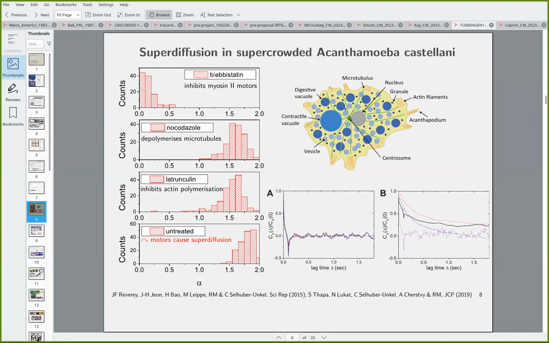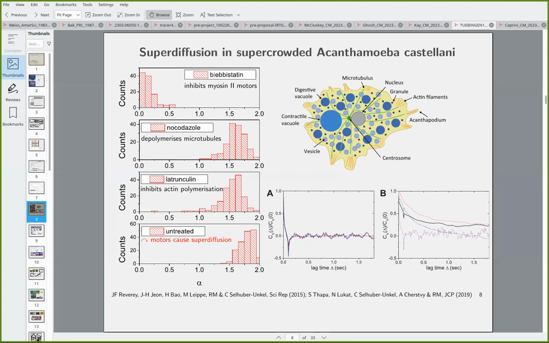Good. Here I have one more example from the experiments. This is from Metzler's lab, and they analyzed several years ago these very complicated amoeba cells, and then they look at the motion of little vesicles in this amoeba cell. I don't show films, but if you watch these experimental recordings and you look at the cells from the top, they're swirling. It's really shuffling everything inside in a circular fashion.